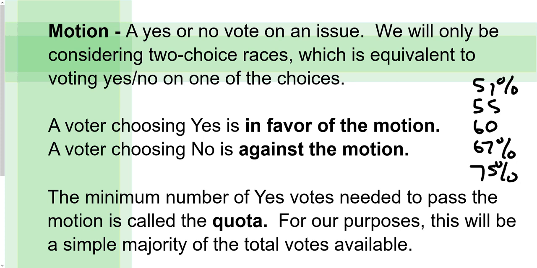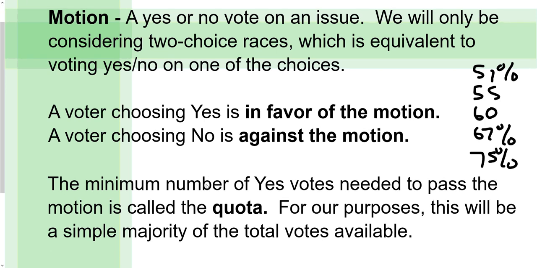Those are common quota numbers. Some of these you might be familiar with. For example, 75%: in order for a constitutional amendment to pass, it must be ratified by 75% of the states.